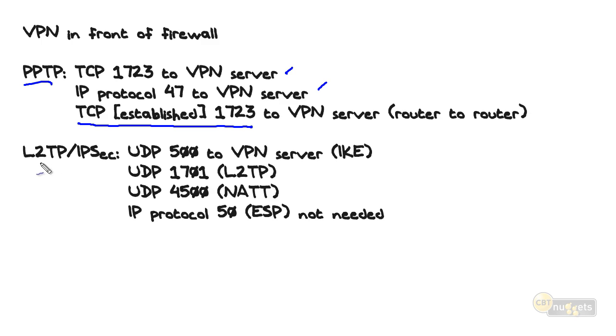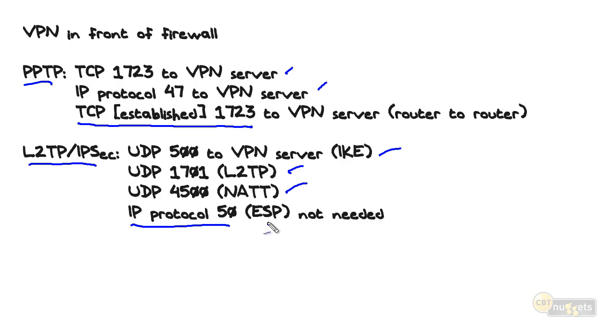If you are using the layer 2 tunneling protocol, which is IPsec, you are going to need UDP 500, that's the IKE protocol, UDP 1701, which is actual L2TP, and UDP 4500, which is the IPsec Network Address Translation, or NAT-T. You do not specifically need a filter for IP protocol 50.